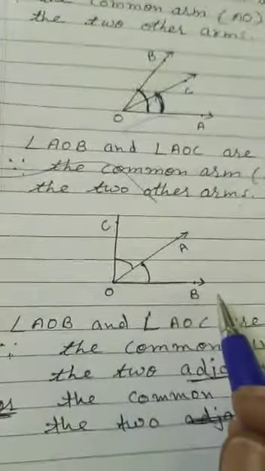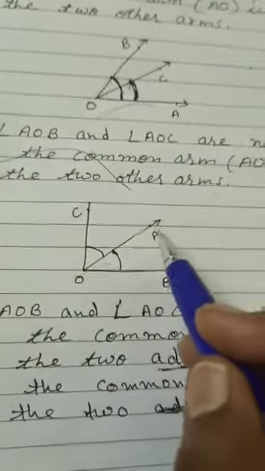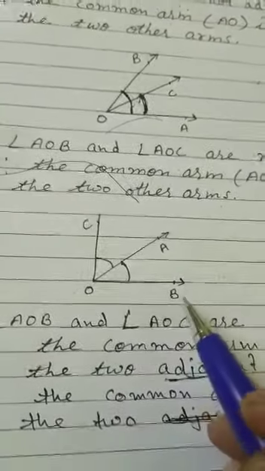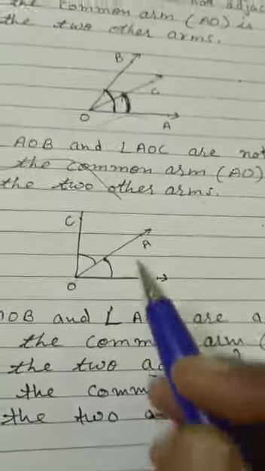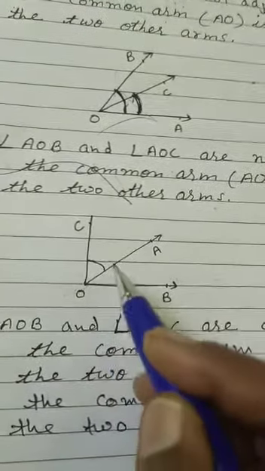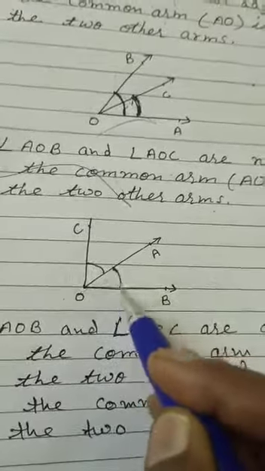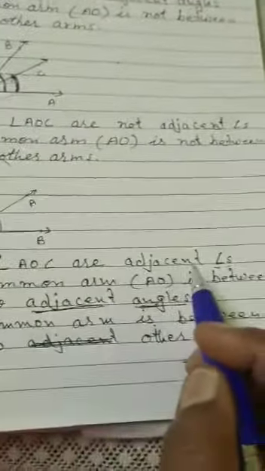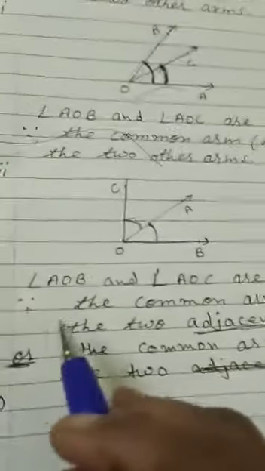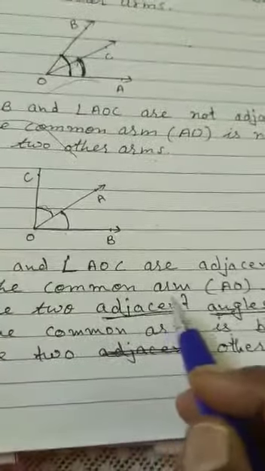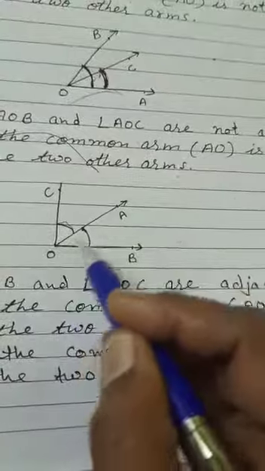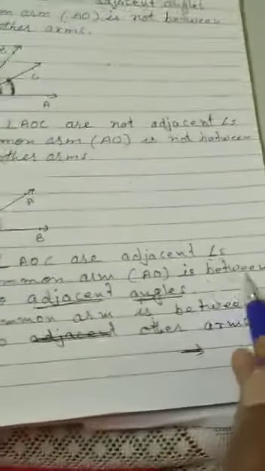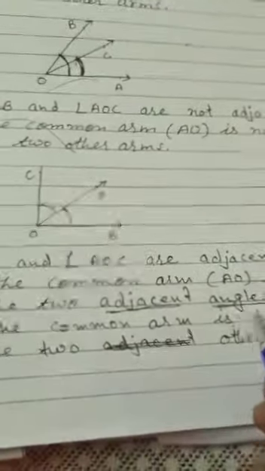In this figure, angle AOB and angle AOC, these two angles are adjacent angles because the common arm AO is between the two other arms.